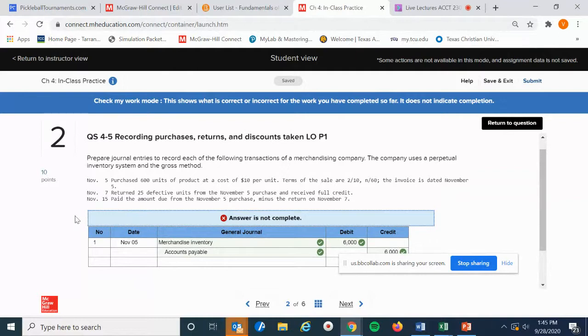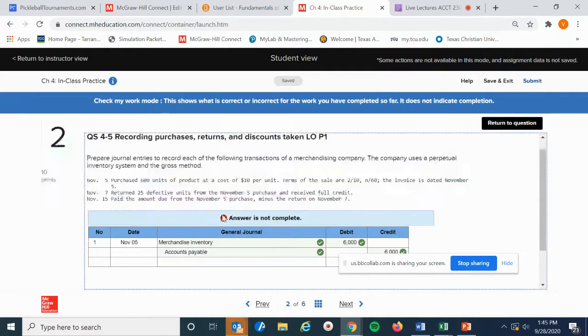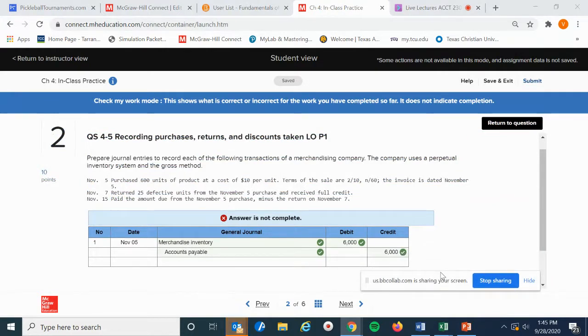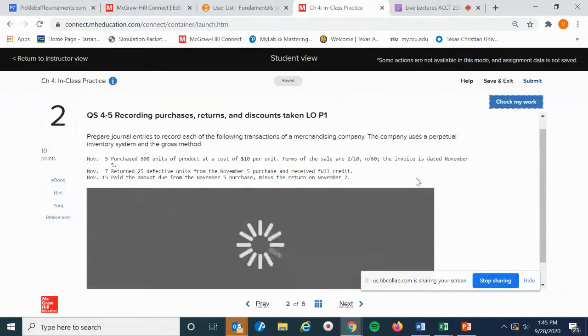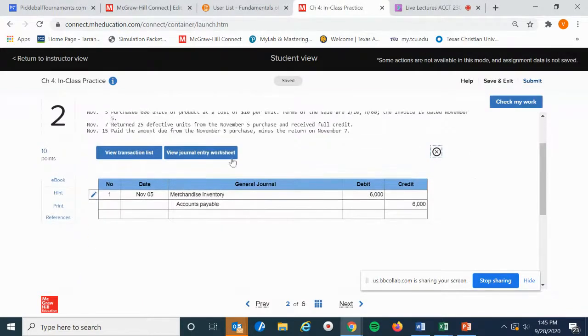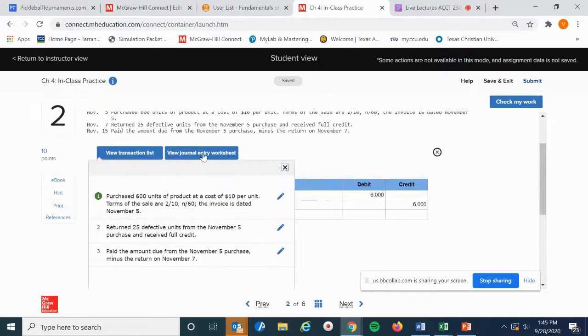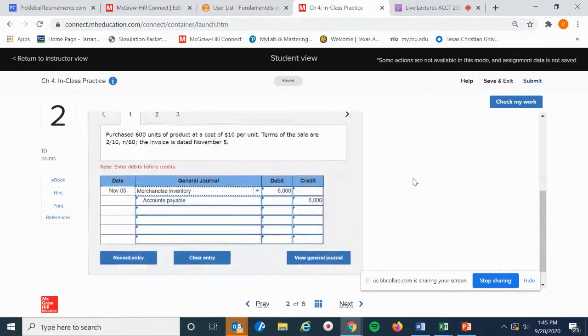units. So I'm looking at the 25 defective units on November 7th. What I need to do here is, first of all, compute the value of the defective units. If it's 25 defective units and they have a cost of $10 per unit, I am going to have to return $250 in the second transaction.